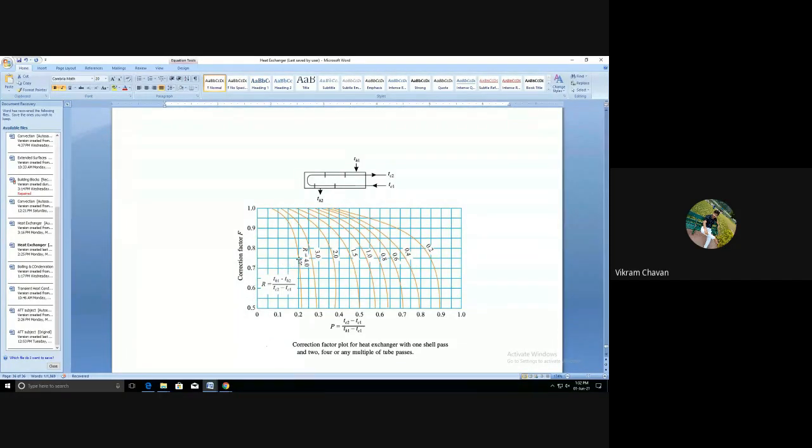If I extend this line, I get a point on the y-axis between 0.7 and 0.8, so I can say the correction factor is 0.75.